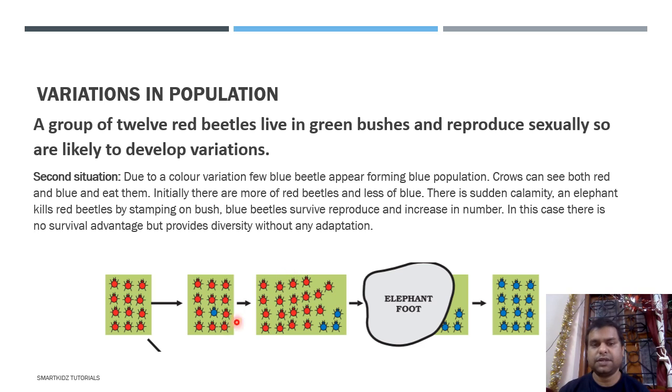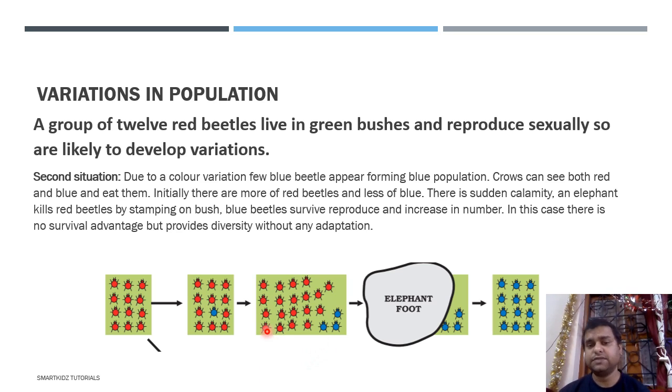Okay, so it doesn't really give it some advantage. As a result, red beetles are growing, and blue beetles are also growing, but at a very smaller pace compared to the red beetles. And you see there are only few, sorry, blue beetles compared to the number of red beetles out here.